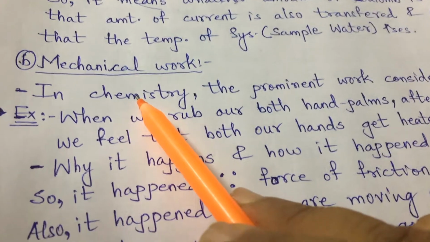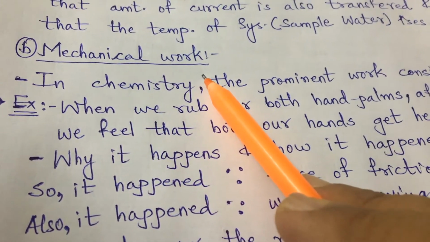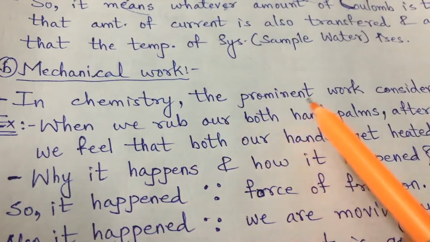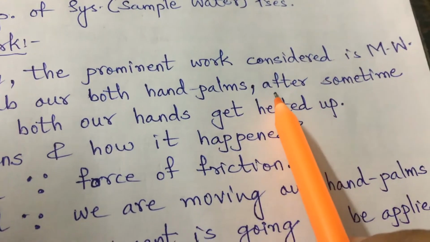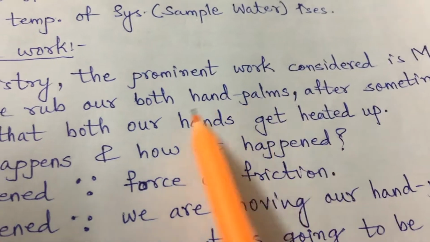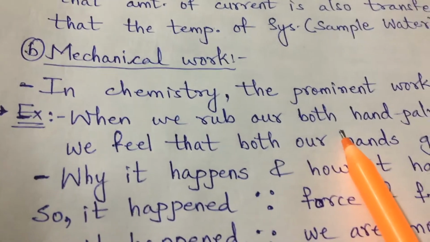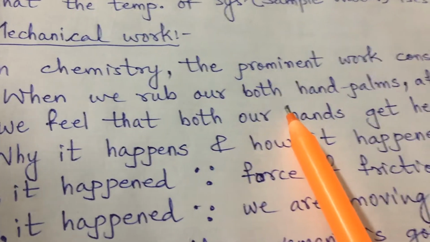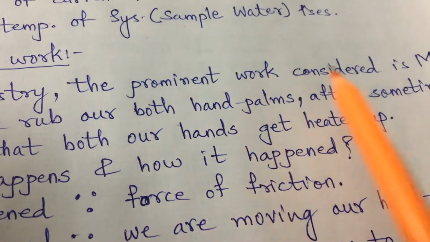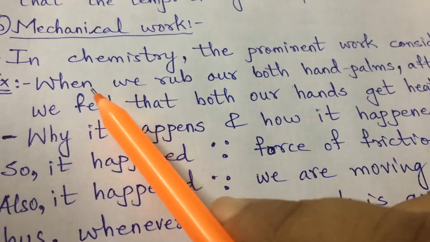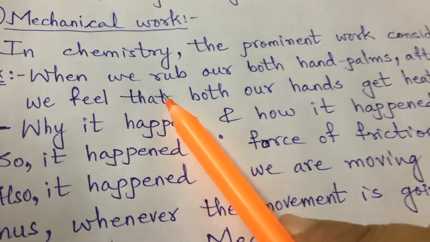The next is mechanical work. Now in chemistry, the prominent work considered is mechanical work. As far as the systems of chemistry are concerned, whatever reaction systems are considered, they mostly involve mechanical work. So let us have an example here.